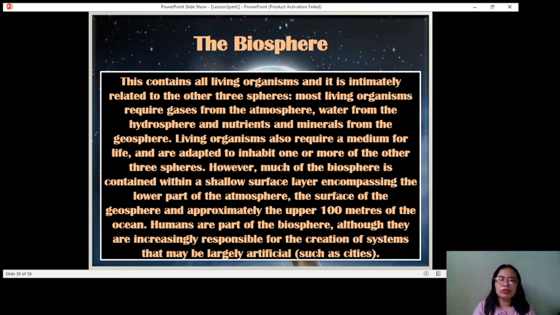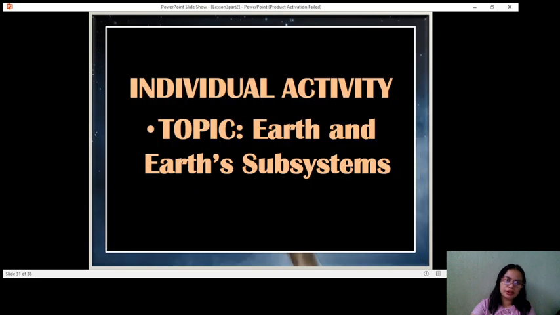However, much of the biosphere is contained within a shallow surface layer comprising the lower part of the atmosphere, the surface of the geosphere, and approximately the upper 100 meters of the ocean. Humans are part of the biosphere, although they are increasingly responsible for the creation of systems. They may be large and artificial, such as cities.